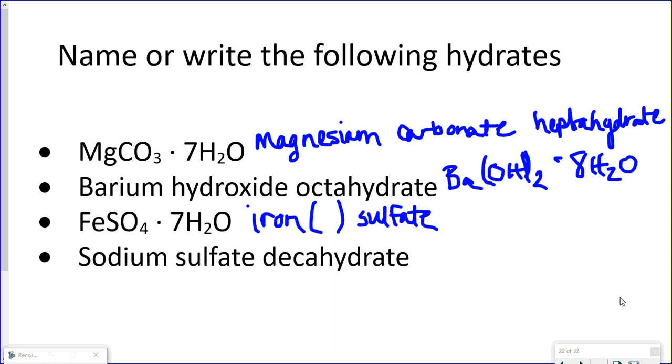So remember, sulfate has a charge of negative 2. So iron here must have a charge of positive 2. So this is iron 2 sulfate. And 7H2O, the prefix for 7 is hepta. So this is heptahydrate.